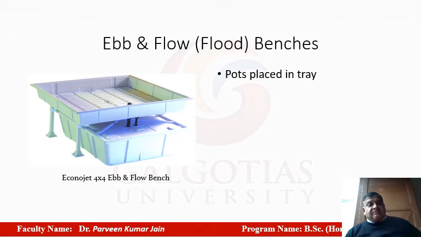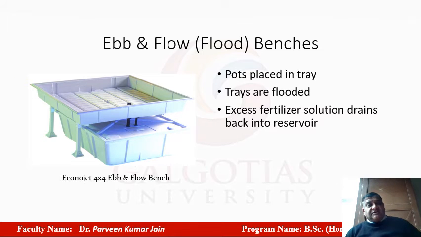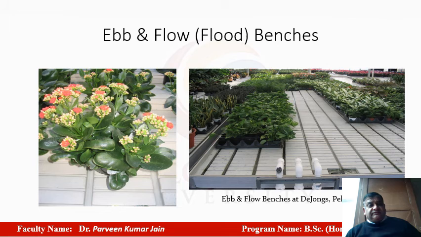The pots placed in the trays are flooded. Excess fertilizer solutions drain back into reservoirs, though soluble salt issues can arise. The trays are kept, water is flooded in, and the excess water is removed.